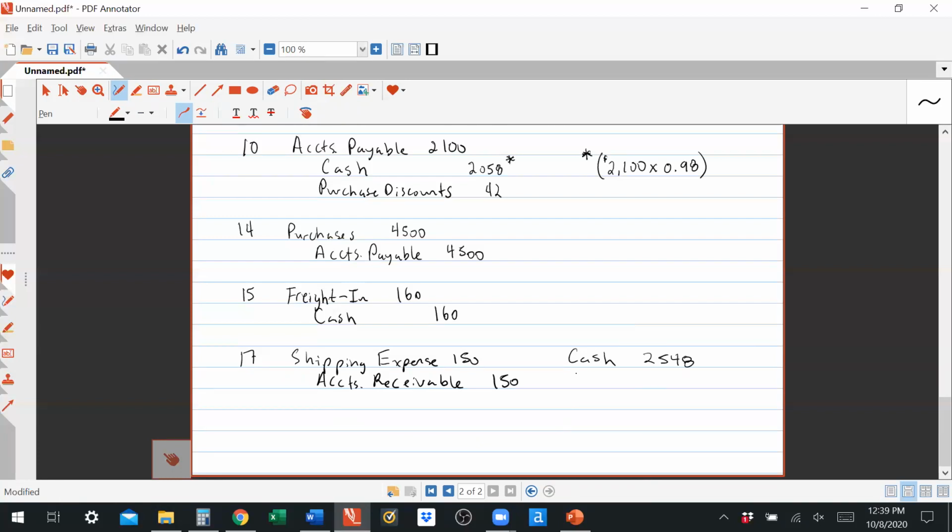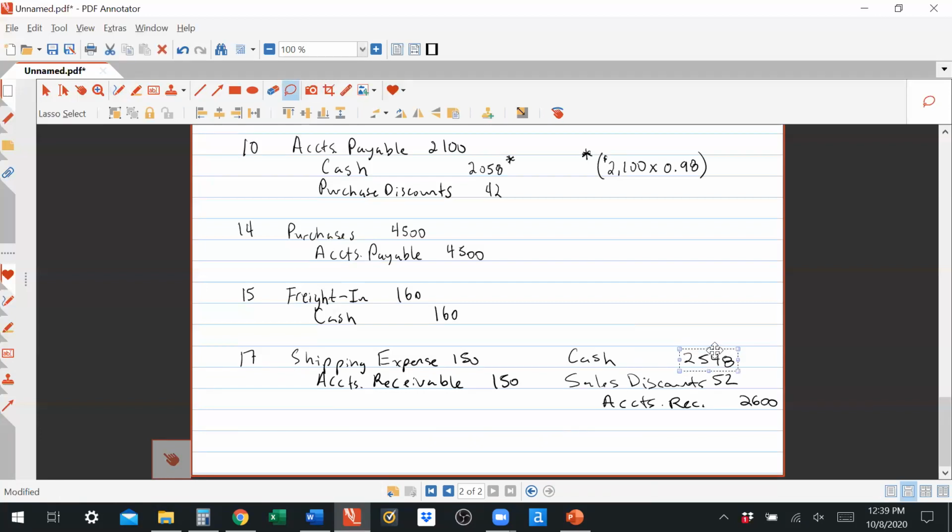We're going to debit sales discounts for $52, and we're going to credit accounts receivable for $2,600. That takes care of everything relating to Denton.